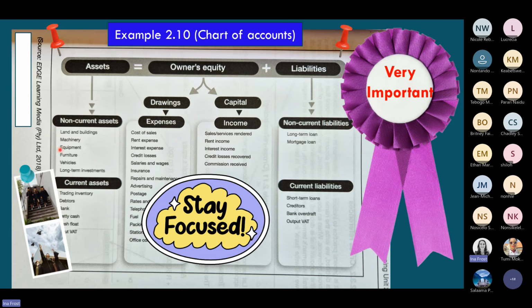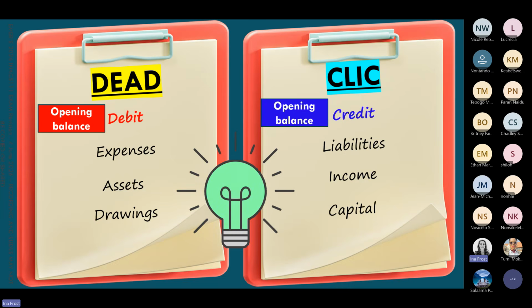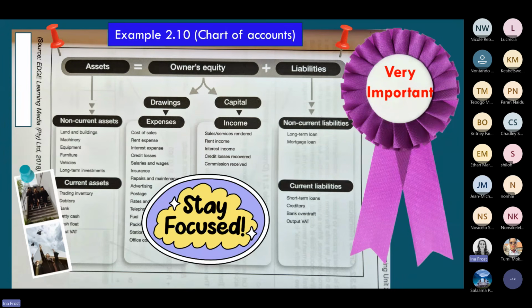Because if you don't know this allocation, then you won't be able to use our DEAD CLIC. If you don't know that an account is an asset or a liability or income, then you also won't be able to know whether you need to debit or credit that particular account. So please, students, we urge you again to make sure you know example 2.10 in your textbook.